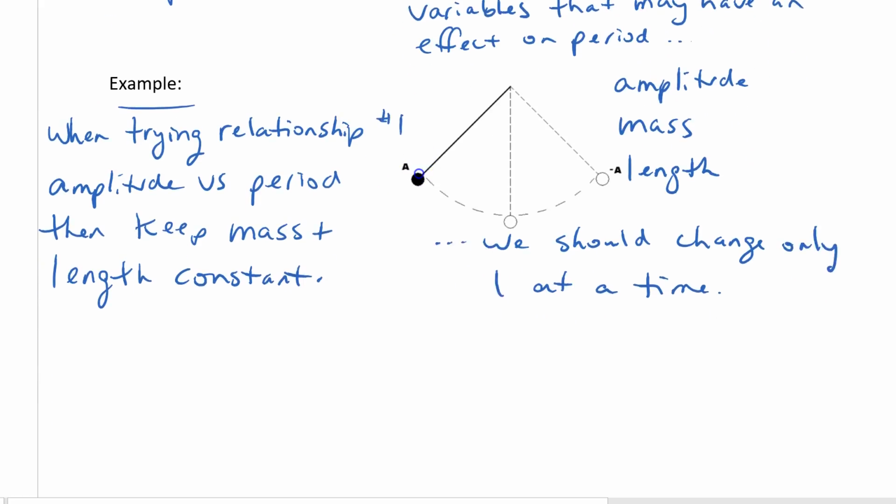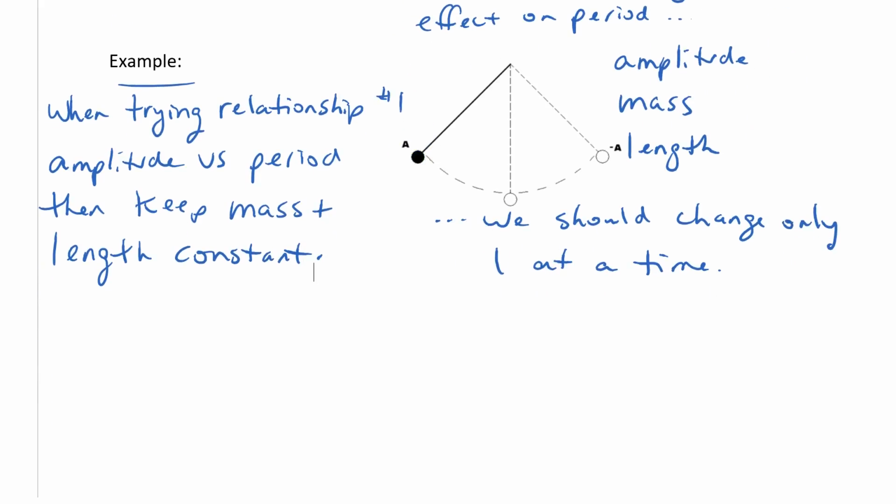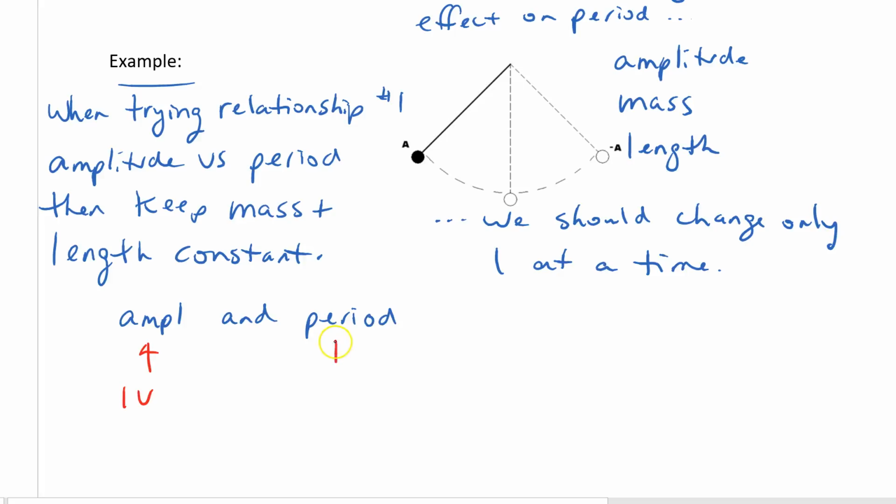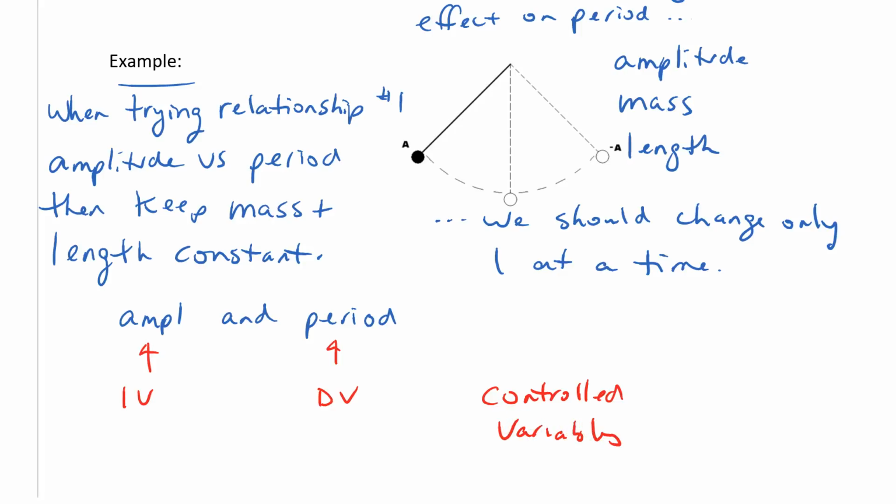And so you should actually state this when you're doing it. So you're saying, okay, amplitude and period. I'm going to say that this is my independent variable, this is my dependent variable, and then we would say my controlled variables, and I would actually state what they were.